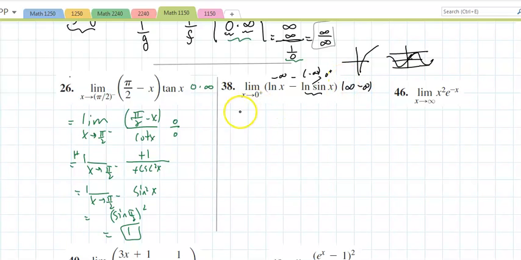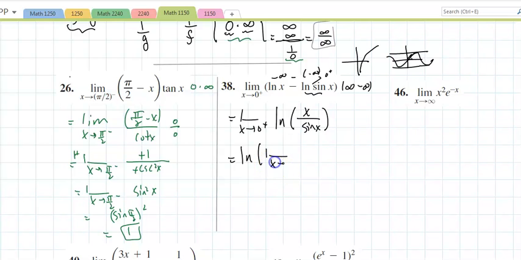With logs, it's really simple to manipulate, because if you apply the algebra, you could say that's natural log of x divided by the sine of x, a property of logs. And you could say that's natural log of the limit as x approaches 0 from the right of x over the sine of x. If you remember the composition, the limit of the composition is the composition of the limits.